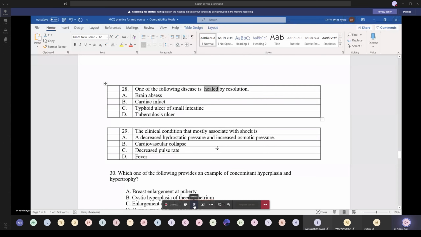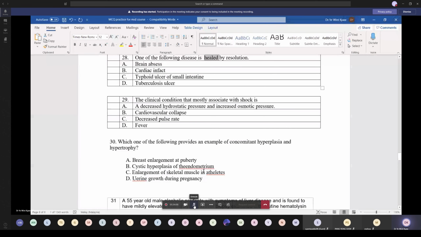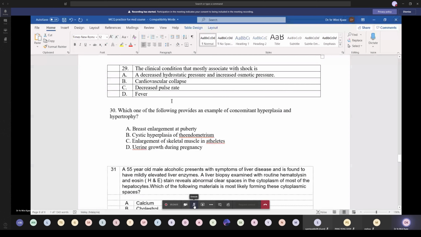So 29, 30. Is it A? Very easy answer. What occurs most commonly?